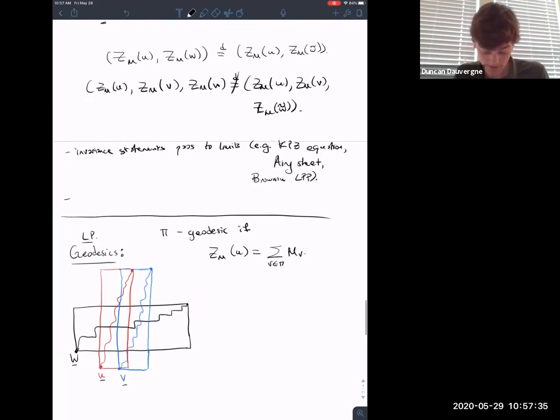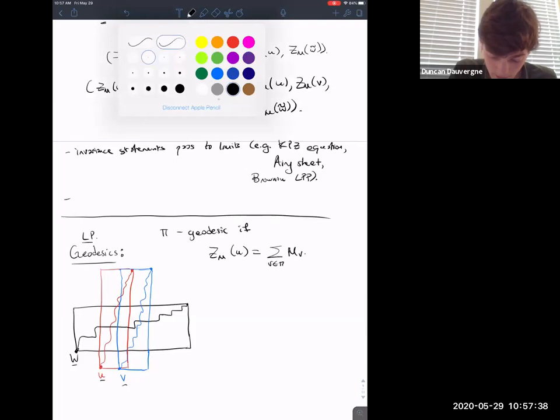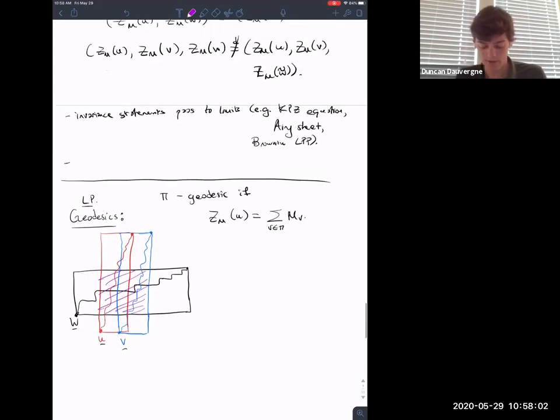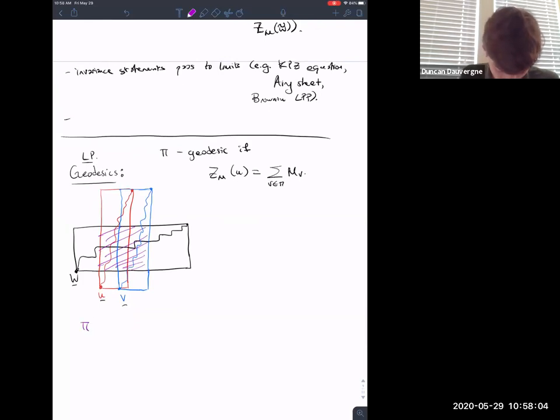What you can conclude is that if you forget about the region in the center where everything is overlapping, then the joint distribution of the part of the geodesic for W and the part of the geodesic for U is the same as the joint distribution of the part of the geodesic for W and the part of the geodesic for V that don't lie in this intersection. I'll write that down precisely: pi of W, pi of U, pi of V, these are the geodesics.